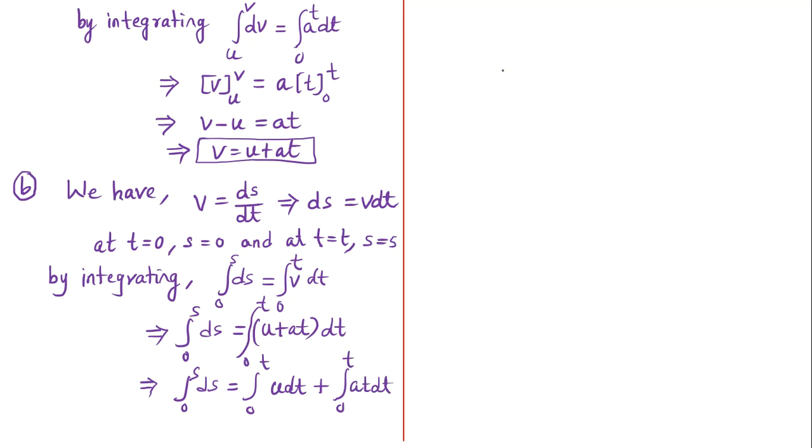Clear? So u is the velocity at a particular instant of time, so that is constant. So s is from 0 to s. Then you take u common, t is from 0 to t. Then a is constant, t dt is t square by 2, from 0 to t.